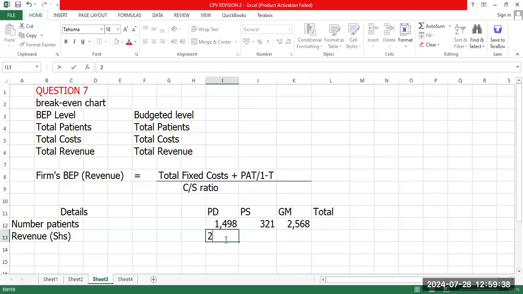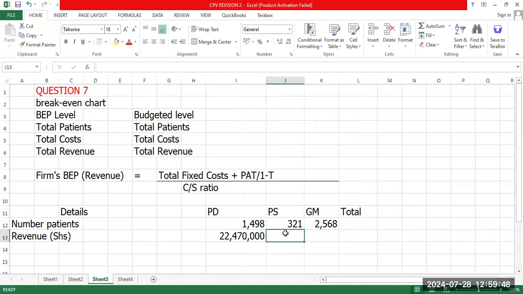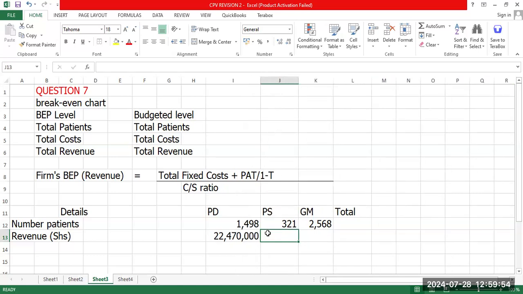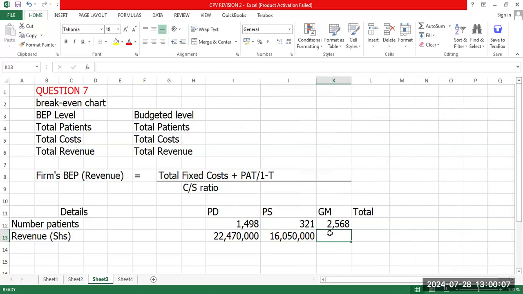And here you have 470,000. Then the next one is 16,050,000. Then the next one is 25,680. Okay.